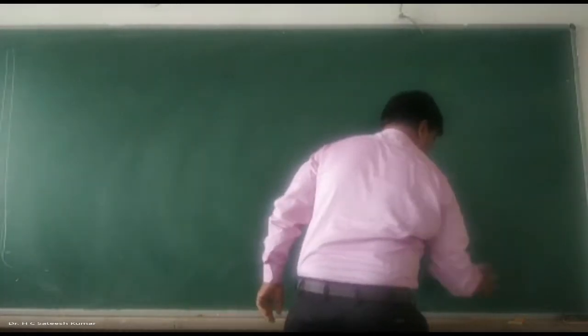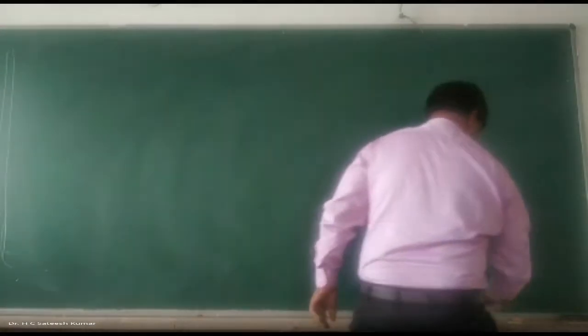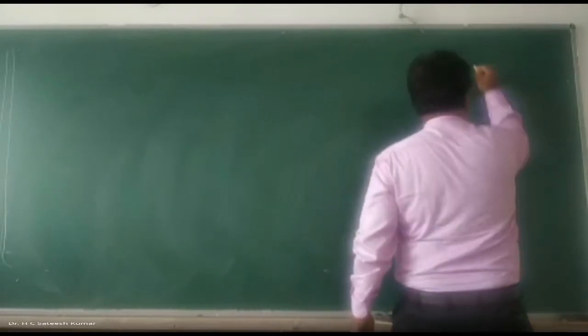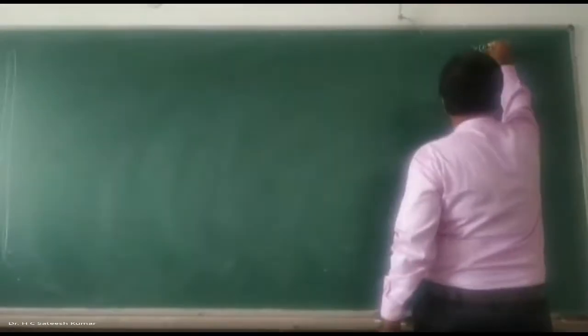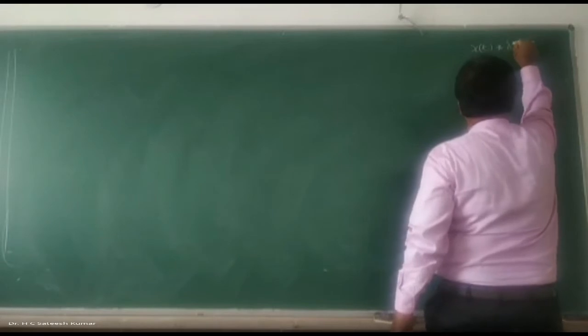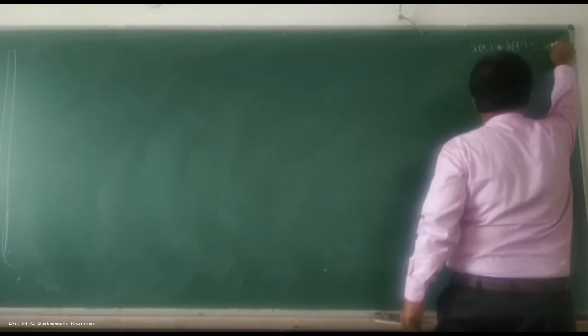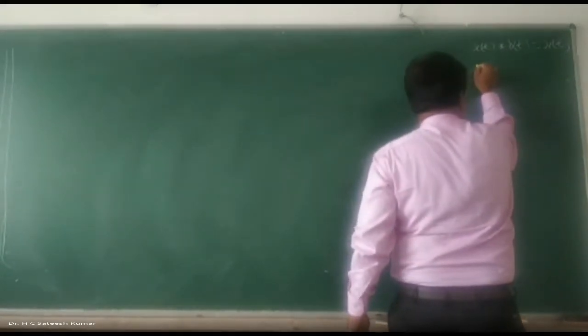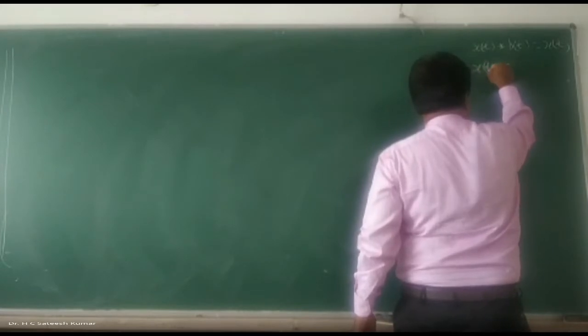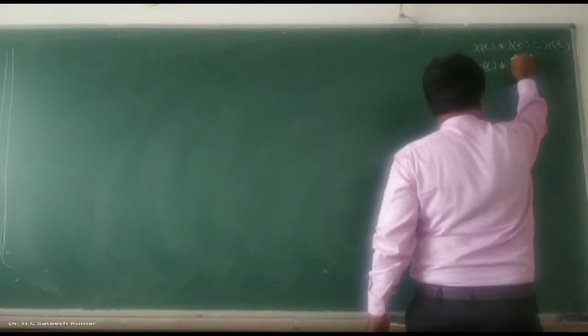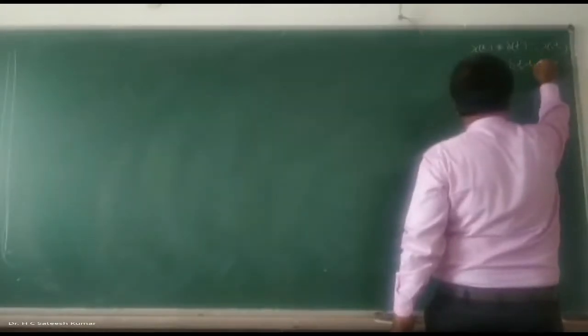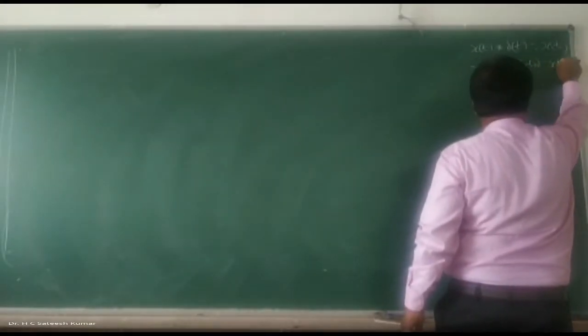So as I said, x of t convolution with delta of t is equal to x of t, one thing. And x of t convolution with delta of t minus t naught is x of t minus t naught.